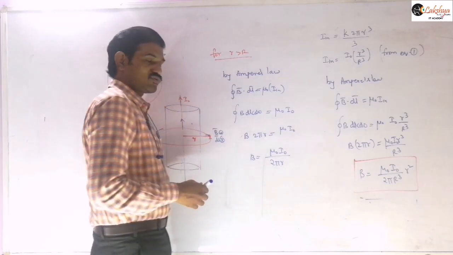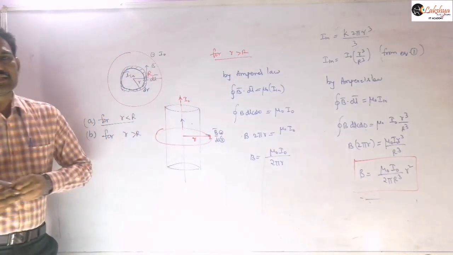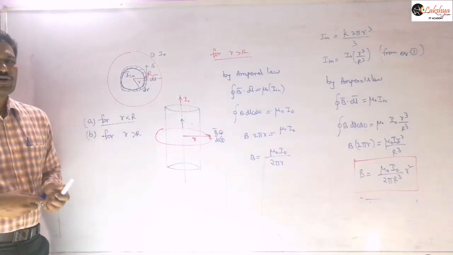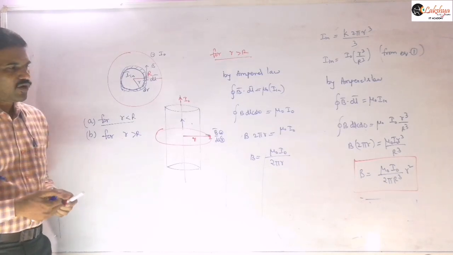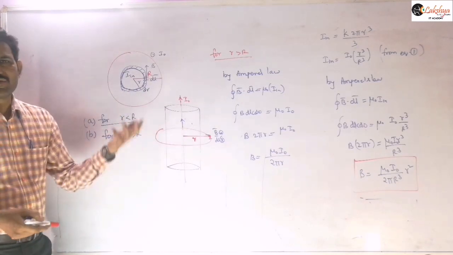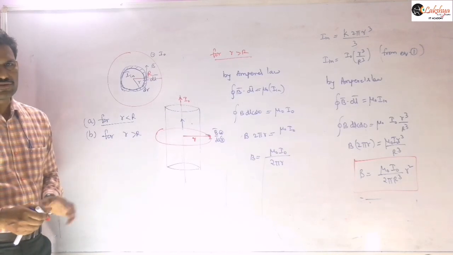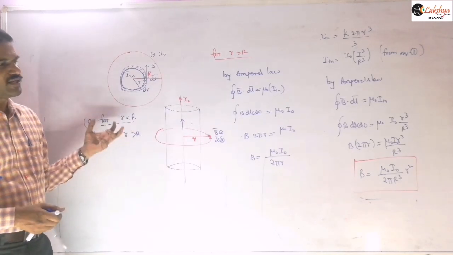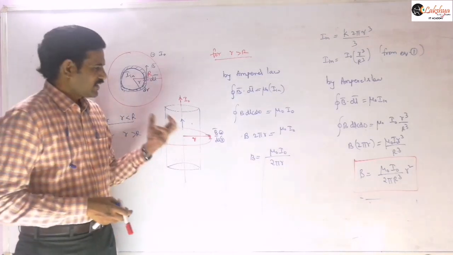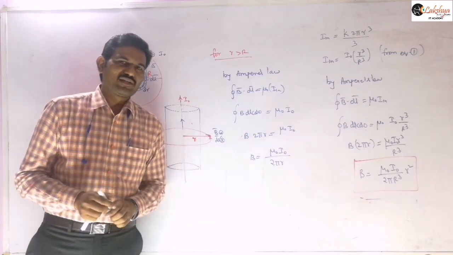The important conclusion from this is, even though current density is variable, if I naught is the total current, then the magnetic field outside is the same as for a constant current distribution also. If I naught is the constant current flowing in another cylindrical conductor, then also you will get the same expression.